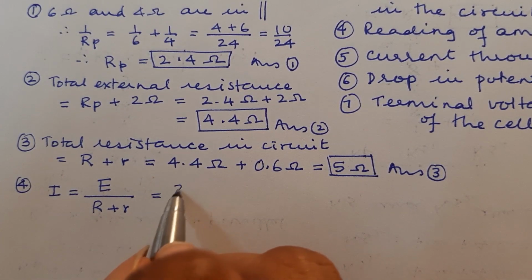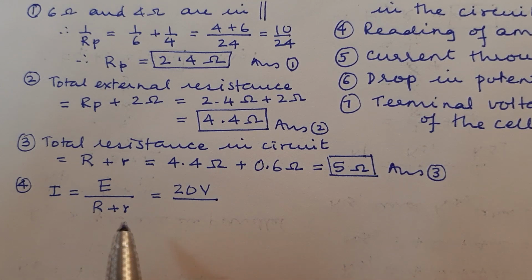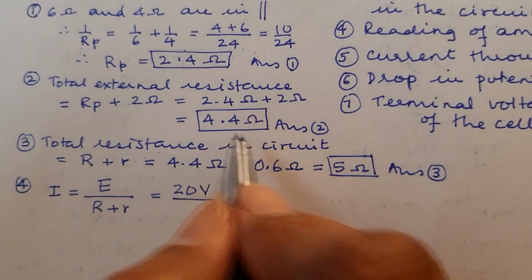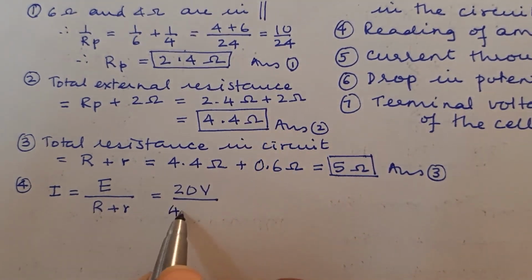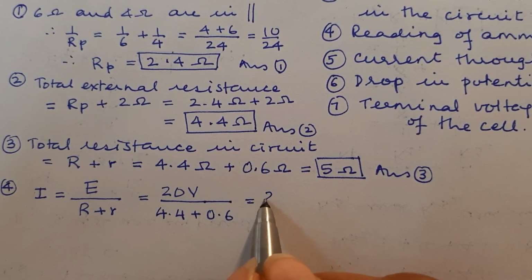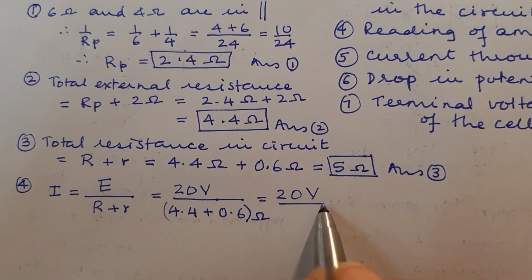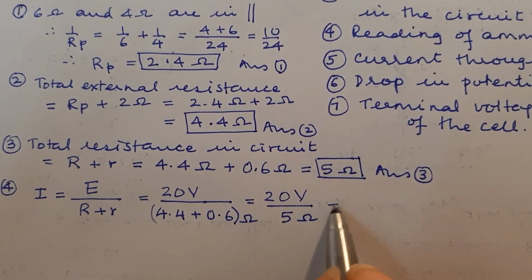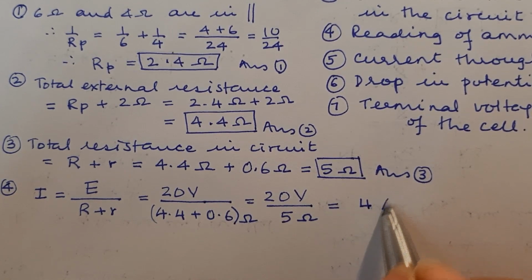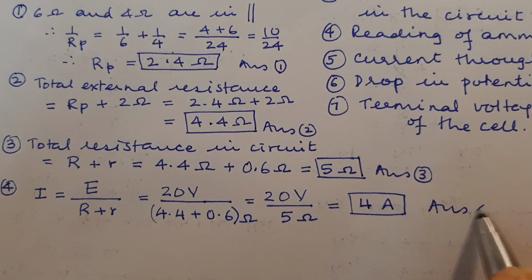So it's going to be 20 volt upon external resistance, this is here. So 4.4 plus 0.6, which will be 5 ohm, and that gives you 4 ampere. And that becomes our answer 4.